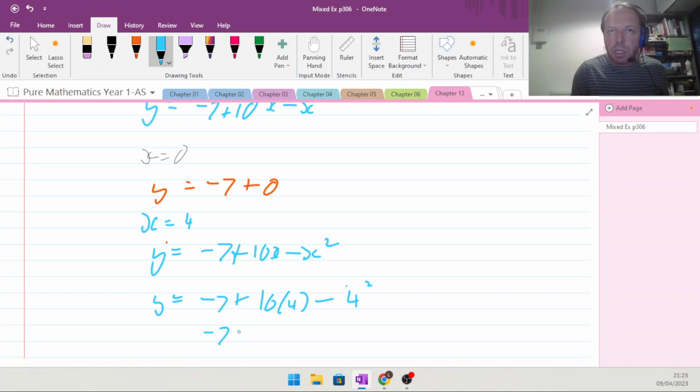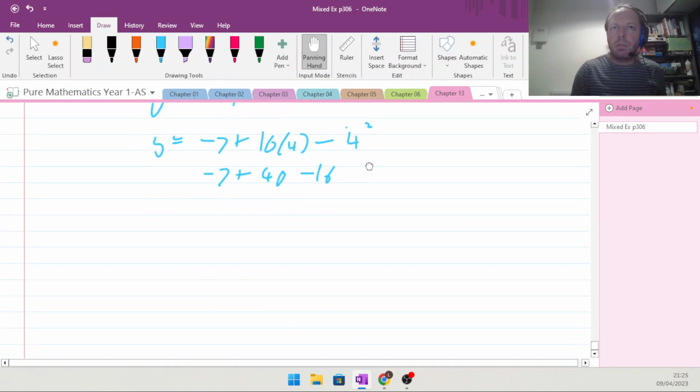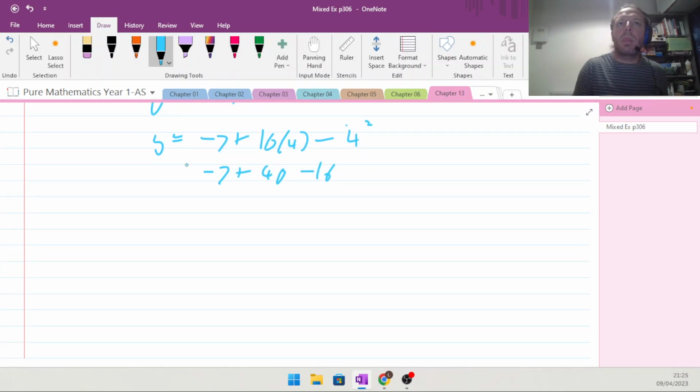Minus 7 plus 40 minus 16. We end up with y equals 40 take away 16, minus 7, 17. So A is equal to 4, 17.